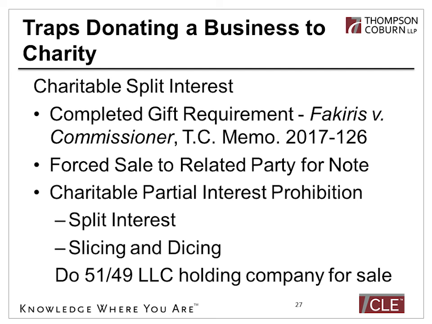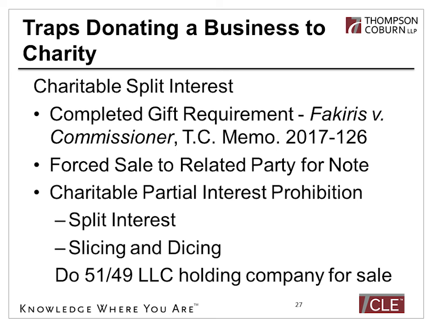So I'm giving half of all of my interest to the charity. If instead you say, charity gets the first 10%, the first tranche of profits, and I get the balance, or I get the first tranche of profits and the charity gets the balance, you may violate the charitable partial interest prohibition. My materials go into that.